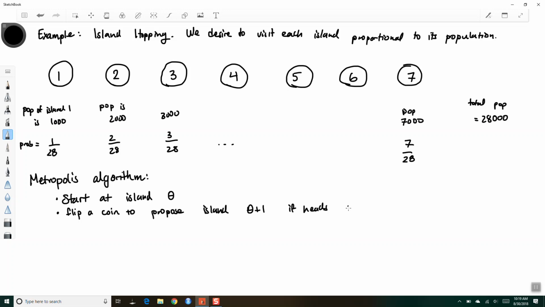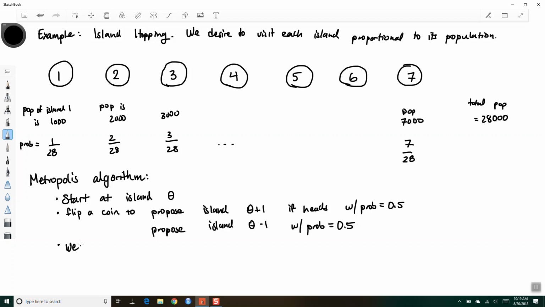So this island theta plus 1 with probability equal to 0.5, propose island theta minus 1 with probability equal to 0.5. So we're going to propose the islands that way.